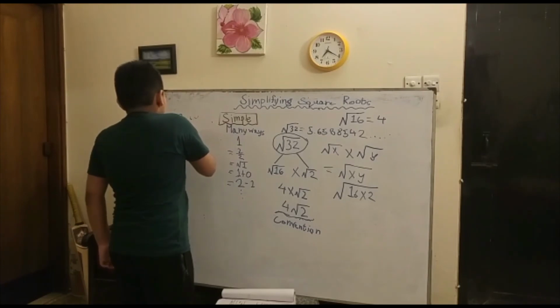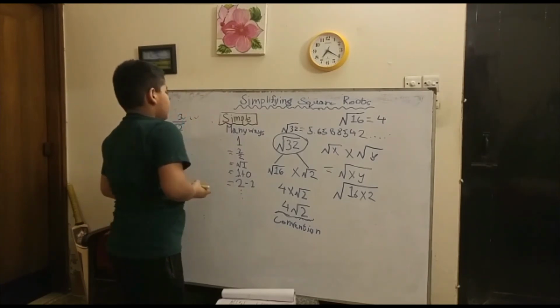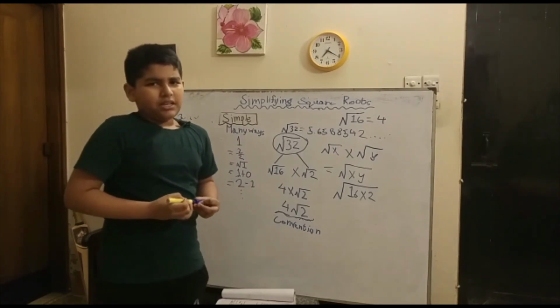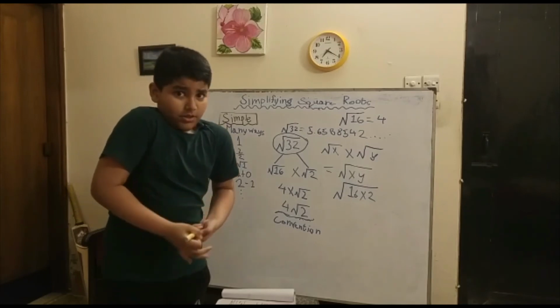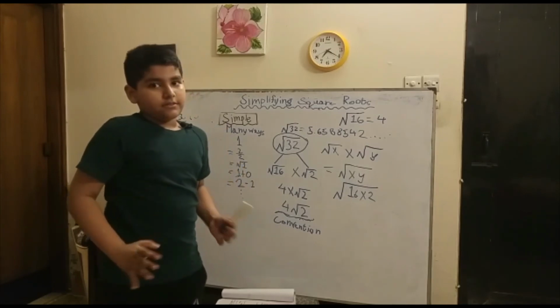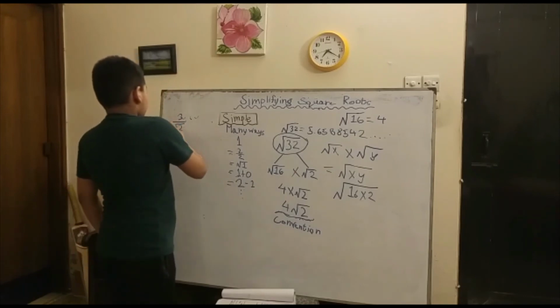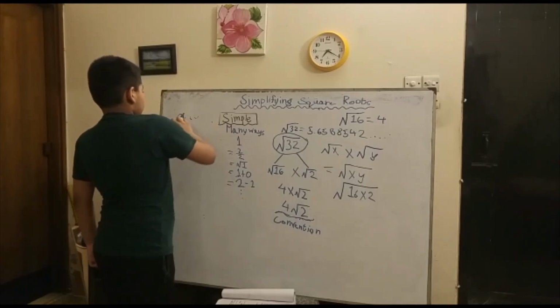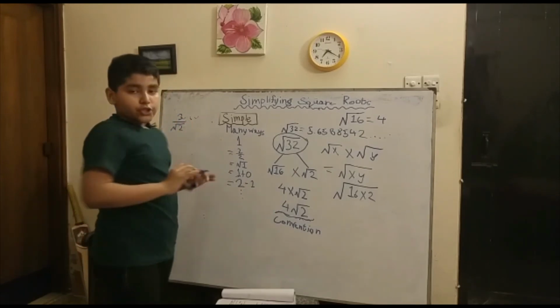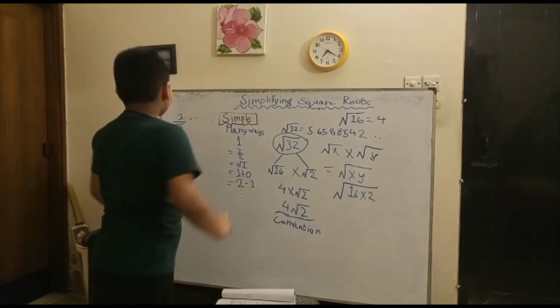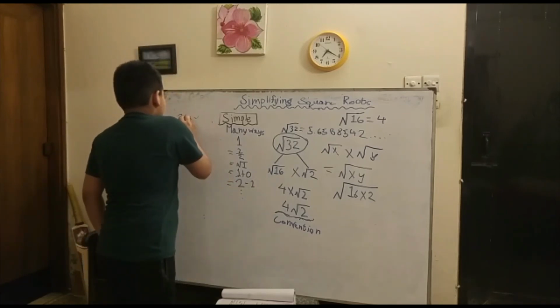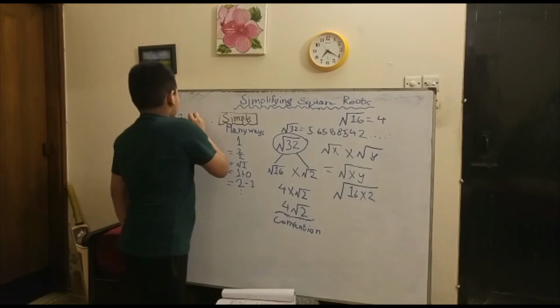Now that's okay, but mathematicians don't usually like to put irrational numbers in the denominator, especially if it's a square root. So what we want is the square root to get up without changing the value. Now here's a special technique we can use: we can do the square root of 2 over the square root of 2.